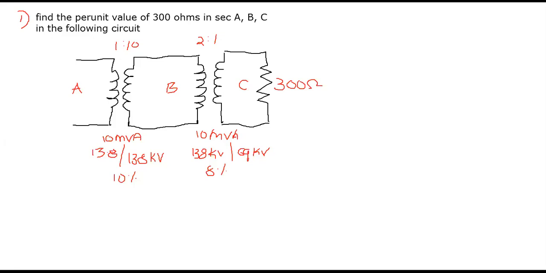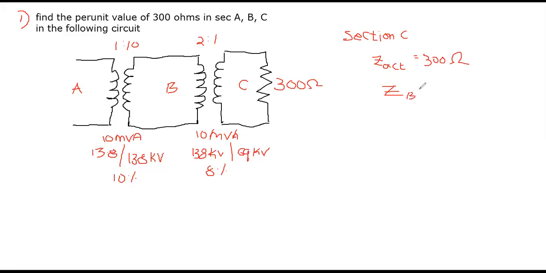Now see the solution. First of all, I am going to measure the per unit value of 300 ohms in section C. So consider section C. This is the first one. What is the actual value? Z actual is equal to 300 ohms, that we already know. Z base, how can we obtain Z base?